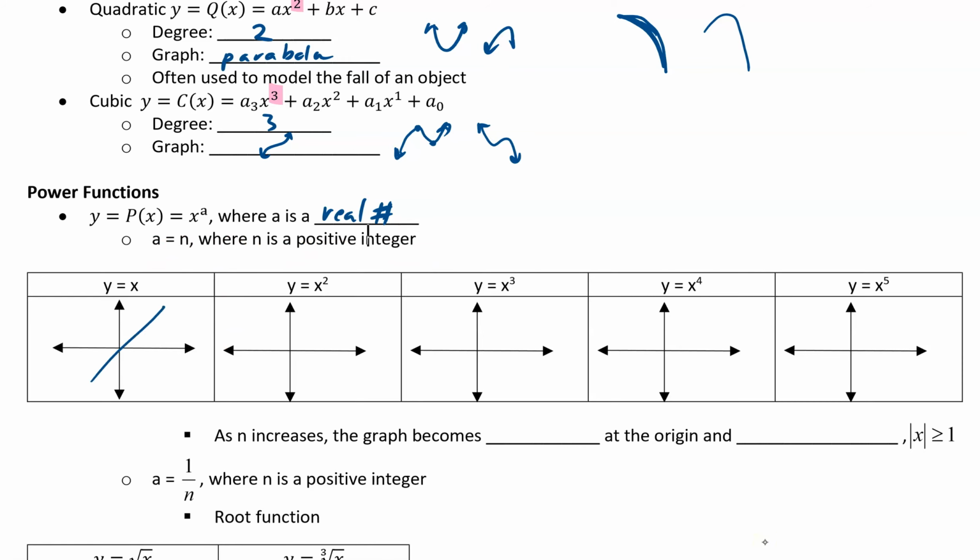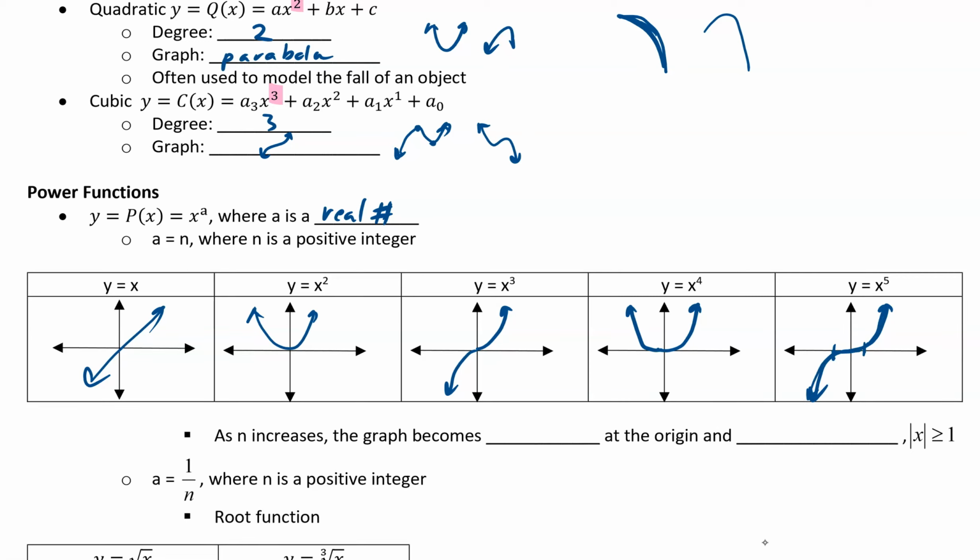We get our line, we get our parabola, we get our cubic, and then what happens with the degree 4 is it just kind of pancakes out, and I will discuss this more when we get into our parent functions and translations. And so x to the 5th looks just like the cube, but between -1 and 1, it kind of flattens out. I like to say it pancakes, because these are your fractions.